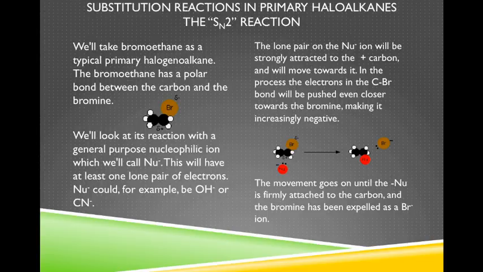We will now have a negatively charged ion approach this molecule. We can call it Nu. That will be the nucleophilic ion. Because the nucleophile is strongly attracted to the positive end of the bromoalkane, it will move toward it, and it will get closer and closer until the nucleophile is firmly attached to the carbon and the bromine leaves as a bromine atom, or in this case, a bromide ion. The nucleophile moves toward the carbon end of the carbon halogen bond.